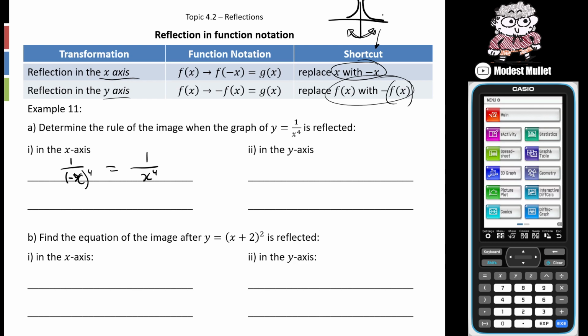It looks exactly the same. But if we reflect in the x-axis, the graph should look different, so we shouldn't have the same equation. So have I got something wrong in my notation up here? And by up here, I'm talking about my shortcuts.